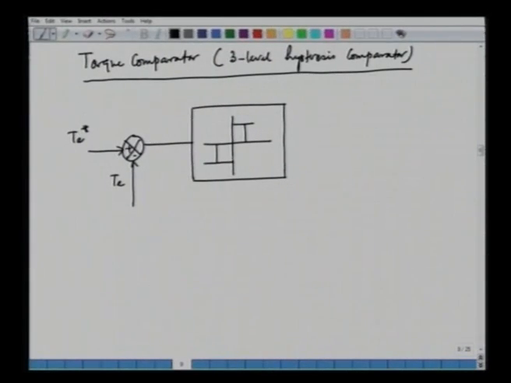Why is it called 3-level? Because the output can have 3 possible values. So, this is the output here. We have the torque status, that is d m, in the y axis. So, we have +1, 0 and minus 1. In the x axis we have T e star minus T. So, this goes like this, we have the various travelling path. It can go in the following fashion.